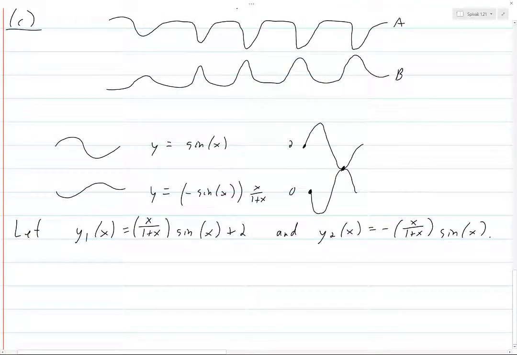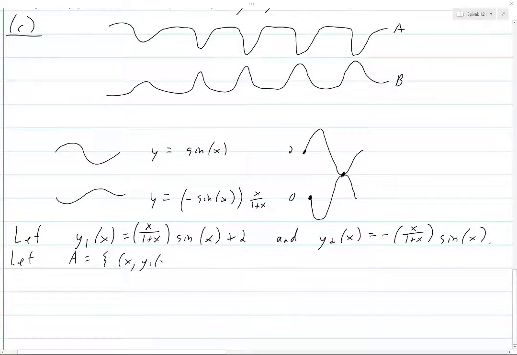Rather, let A be the set of all points x, y1 of x, where of course x is in R, and B is going to be the set of all points x, y2 of x.